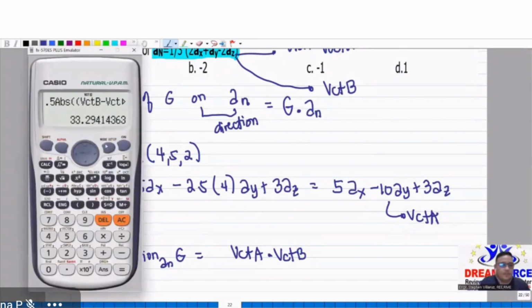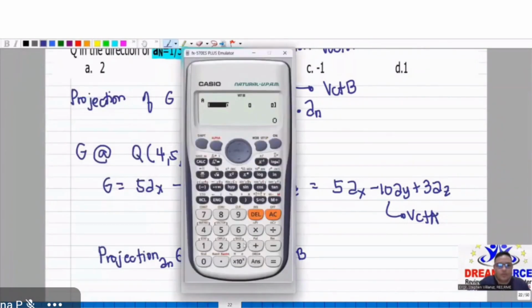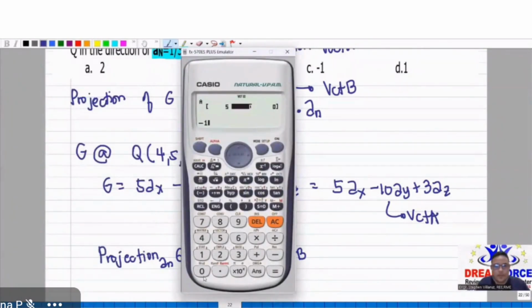Sige, try natin. Mode 8, VctA, 3 dimension. So, that is 5, minus 10, then 3. Press AC, so shift vector, dim. So, 1, then VctB, 2.